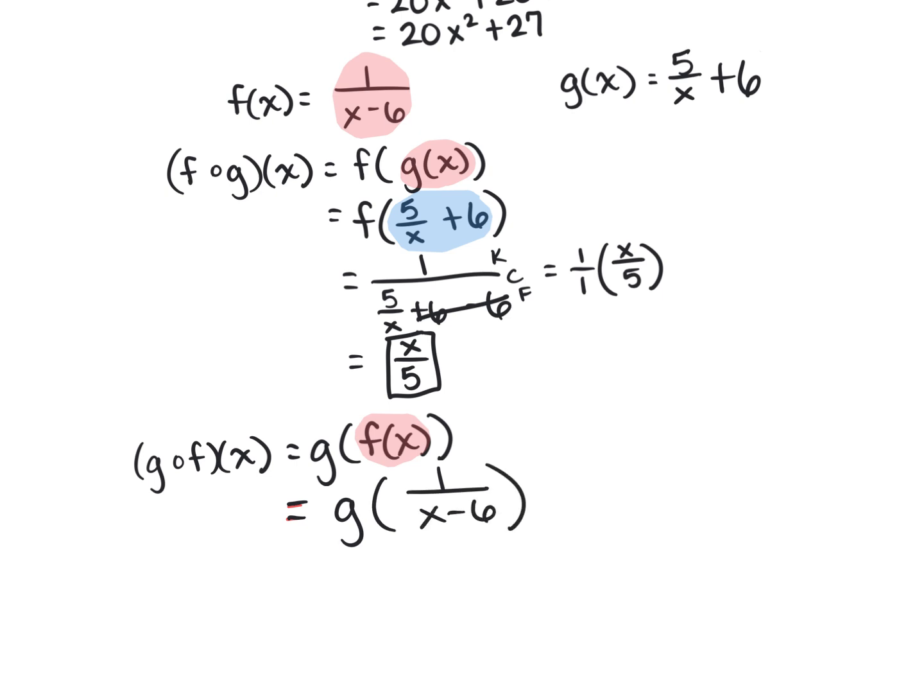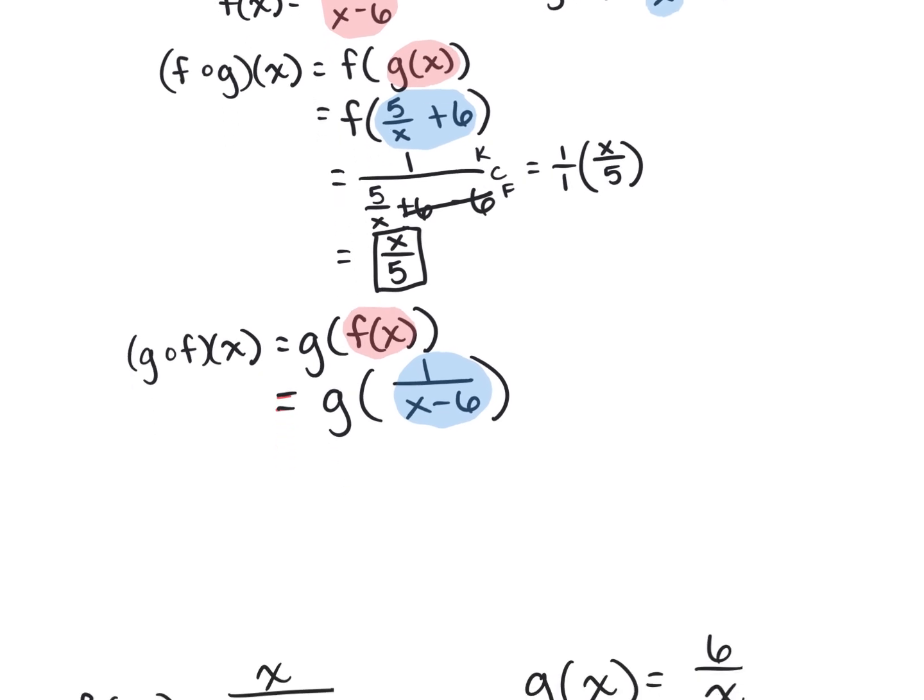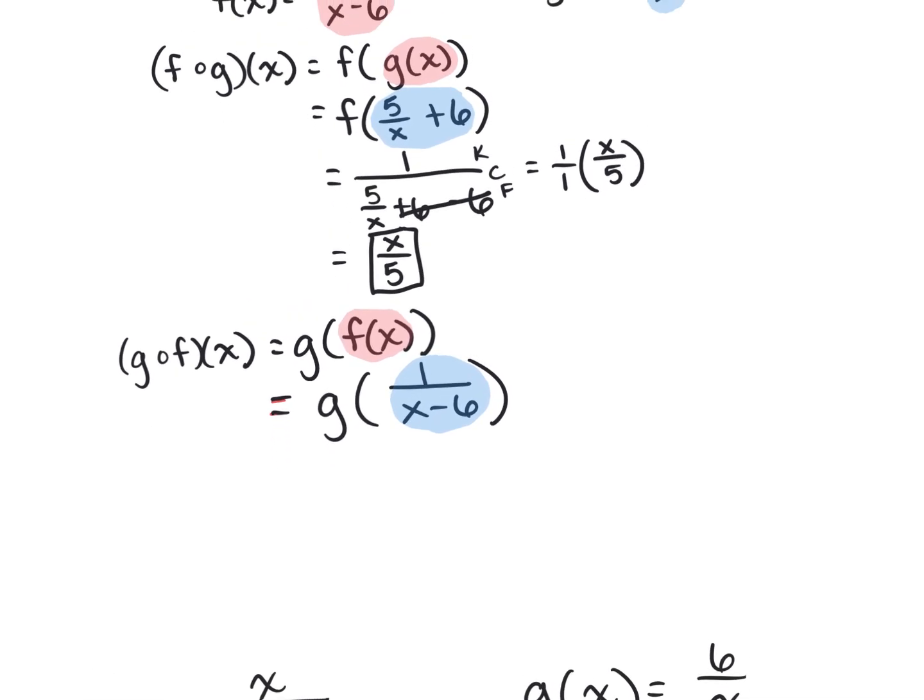And at this point, I'm ready to go substitute this into the g function. So this is going to be substituted in right here. So this will result in 5 divided by 1 over x minus 6. And then we're going to add 6 to this. So what I have to do is, again, I have this compound fraction, so I'm going to keep it, flip it, and change it.